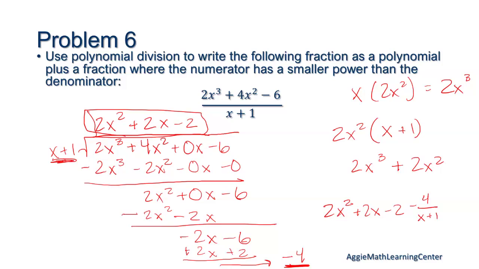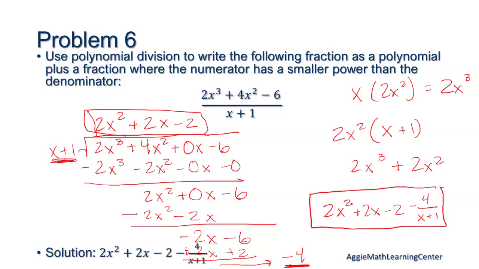And this would be our final answer. Let's check ourselves: 2x squared plus 2x minus 2 minus 4 over x plus 1.